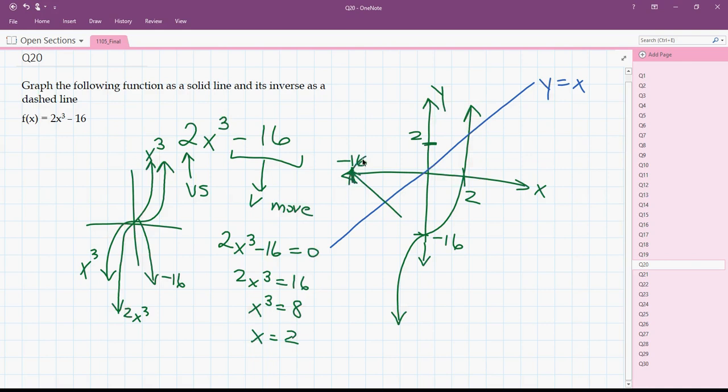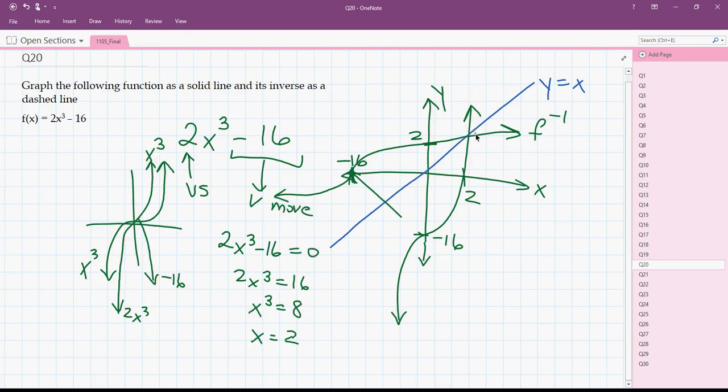Oh, dashed lines. Well, I didn't draw a dashed line, but that should have been a dashed line. But basically, you should look at every single point that's on this graph, draw a line connecting it to y equals x, and it should have a mirror point on the other side.